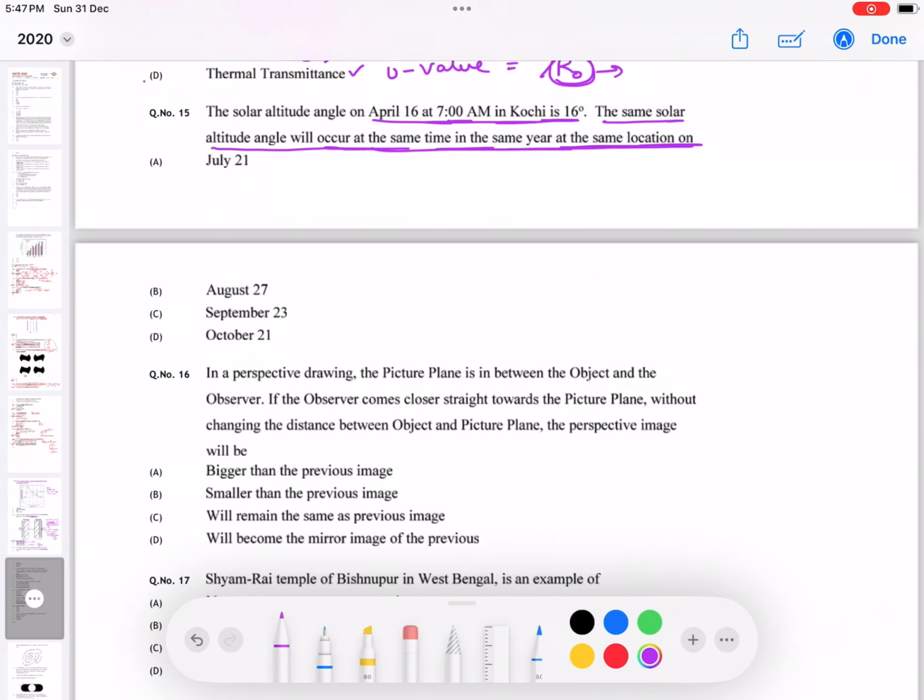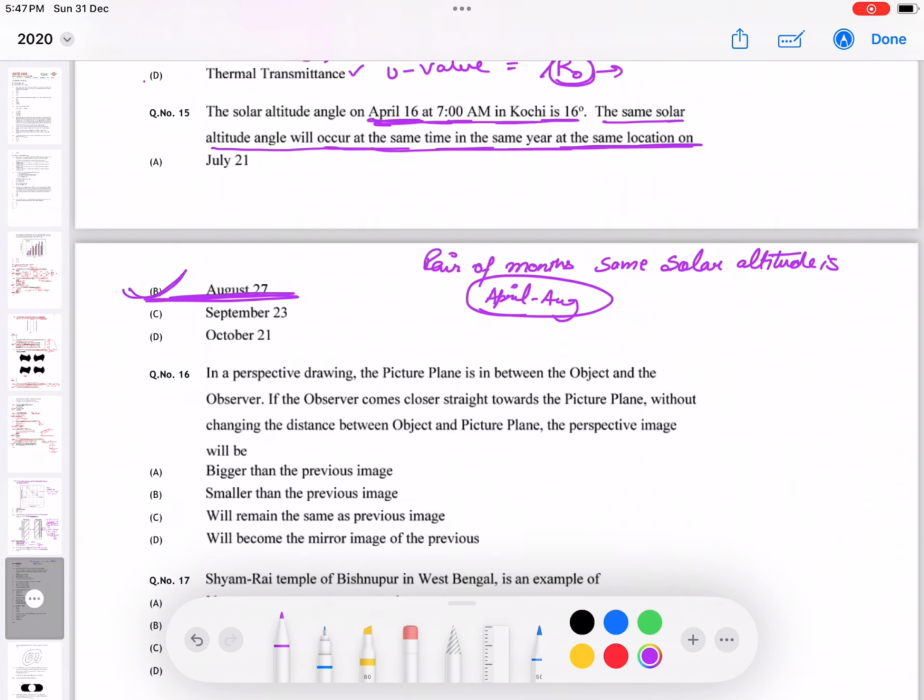You just have to remember there are pair of months when the same solar altitude is observed. So if we see for April, it is August. So here we can see in option B, August 27. So this is the correct answer for this one.